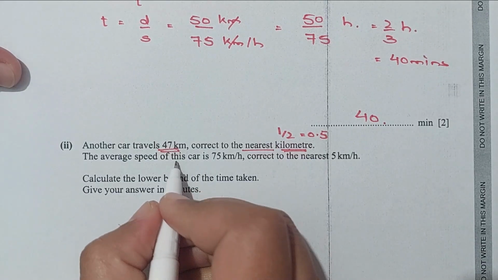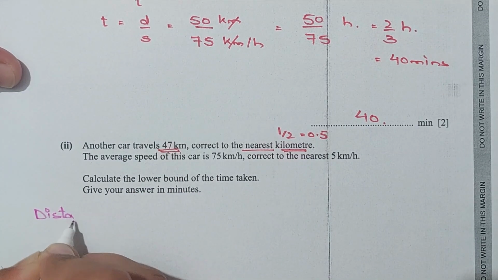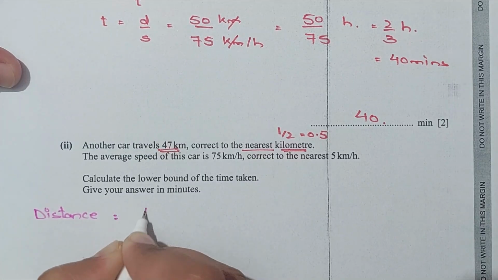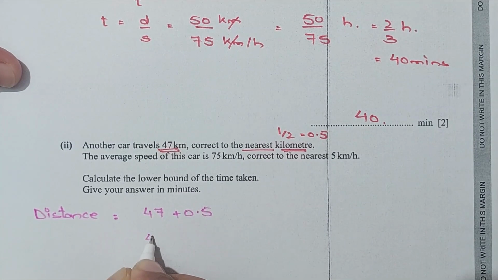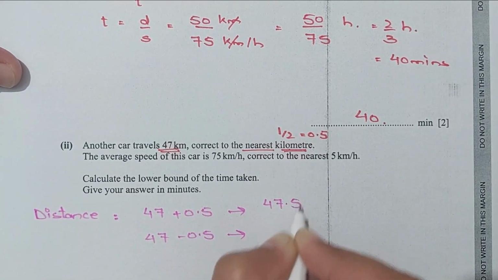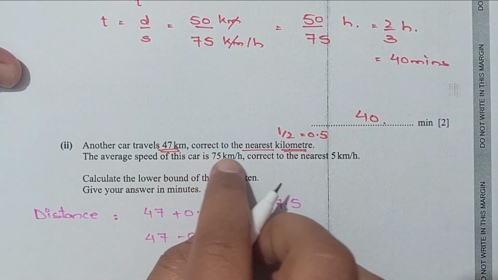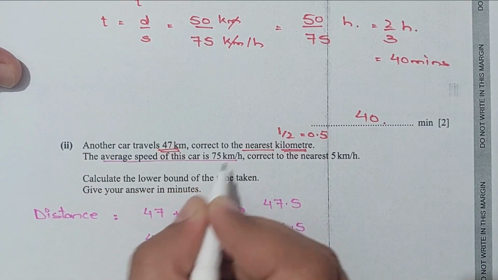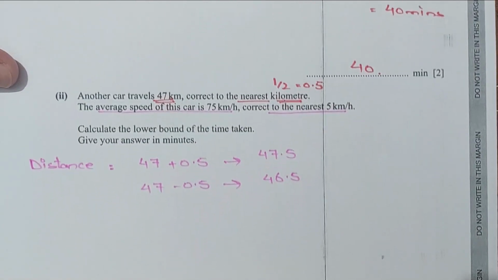The average speed of this is distance. So the distance is 47 kilometers. Add 0.5 and subtract 0.5 from 47 to get the upper and lower bounds: 47.5 and 46.5. The average speed of this car is given as 75 kilometers per hour, correct to the nearest 5 kilometers per hour.